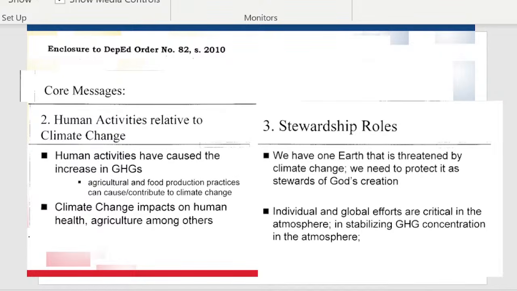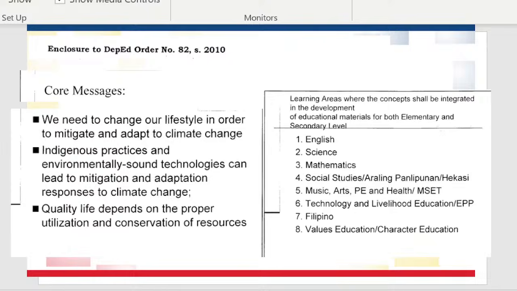Number 3 core message is the stewardship role. We must tell our learners that we have one Earth that is threatened by climate change. We need to protect it, as stewards of God's creation. Individual and global efforts are critical in stabilizing greenhouse gases concentration in the atmosphere.